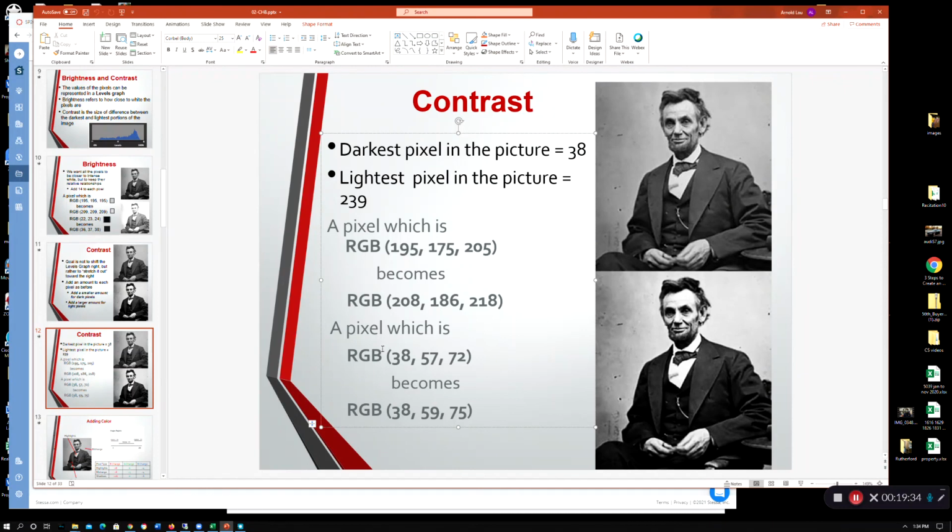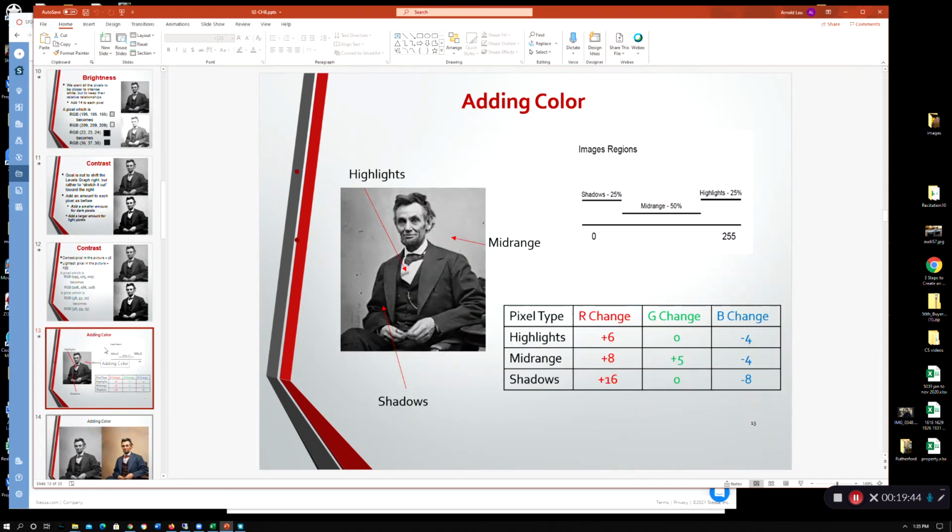In this case, they just put the numbers in here, but if you look at it, you can apply sort of a formula to it. You can pick a range, so you can say, all the pixels that are in a high number range, or a middle range, or a low range, you're going to apply a certain type of shift to it. Red, green, blue.